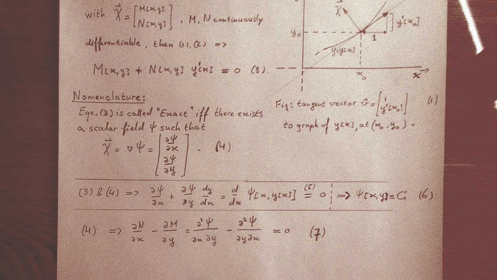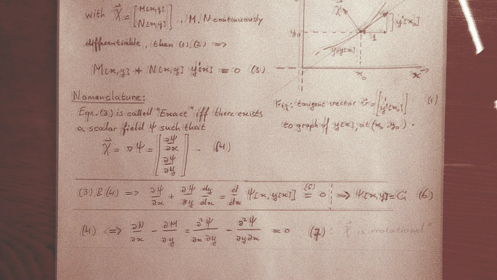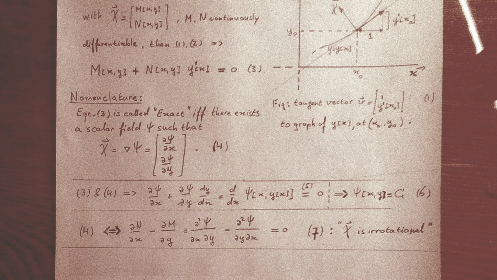The left-hand side of equation 7 corresponds to the curl of the field chi in 2 dimensions. Equation 7 is commonly paraphrased as saying that the field chi is irrotational, or curl-free.